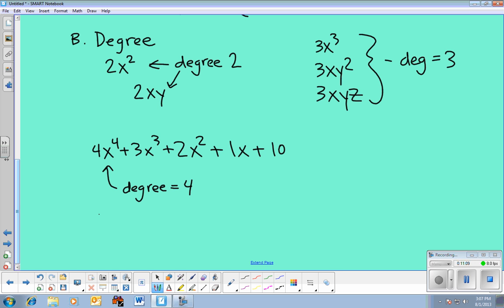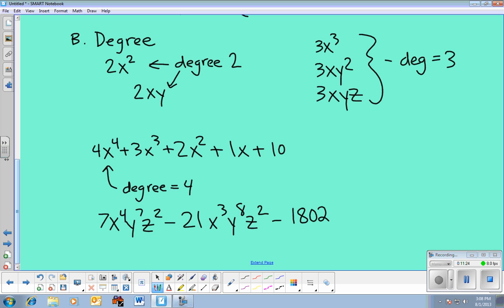So what's the degree of this? Okay, so we're counting up the degree of each term. The degree of my first term, which is here, is 4 plus 7 is 11, 12.